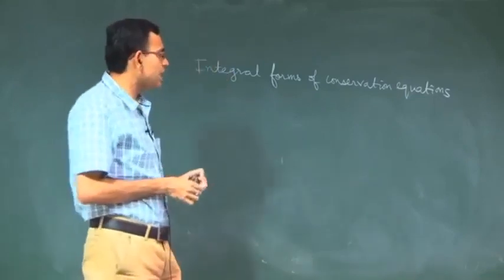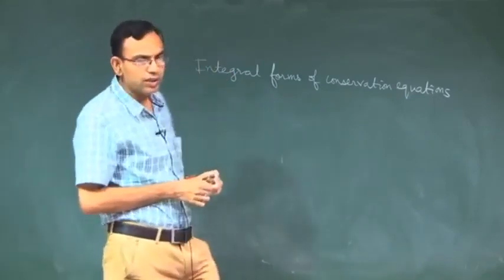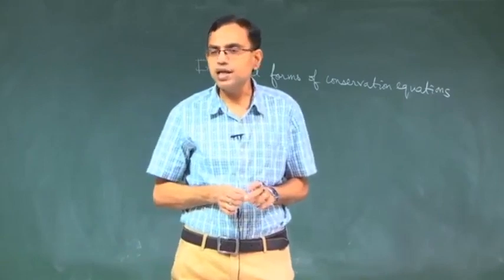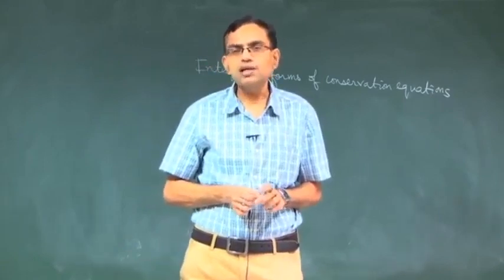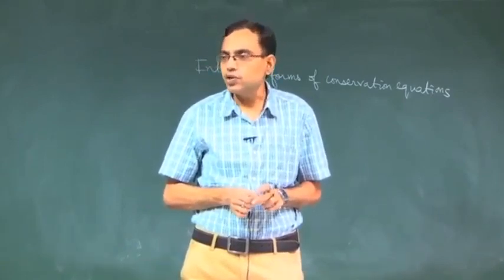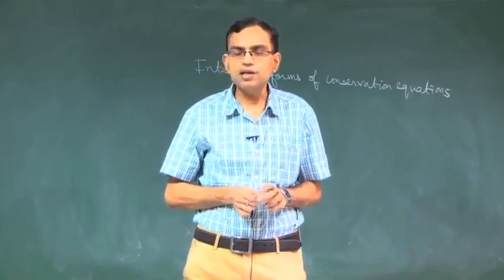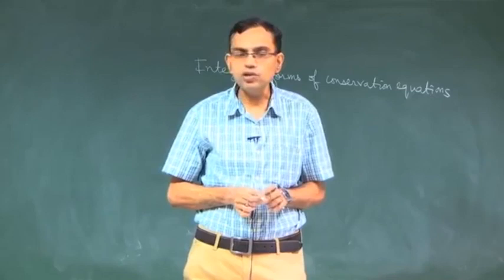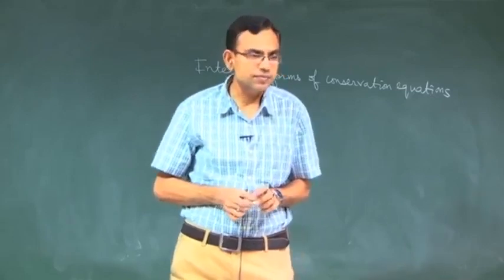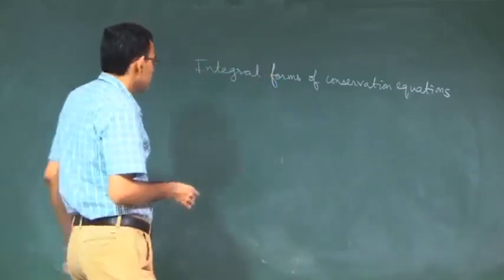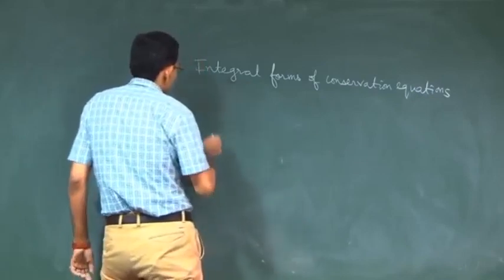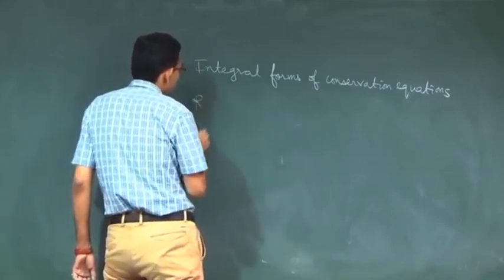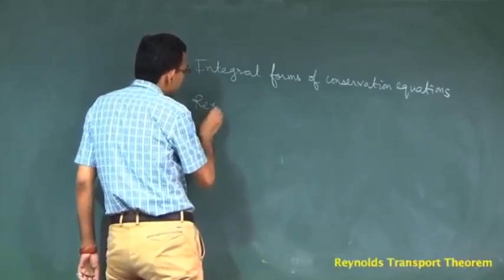To write the integral form of conservation equation, what we essentially use is the Reynolds transport theorem, which converts the control mass based approach to a control volume based approach in an integral sense. So the first thing that we will study today is the Reynolds transport theorem.